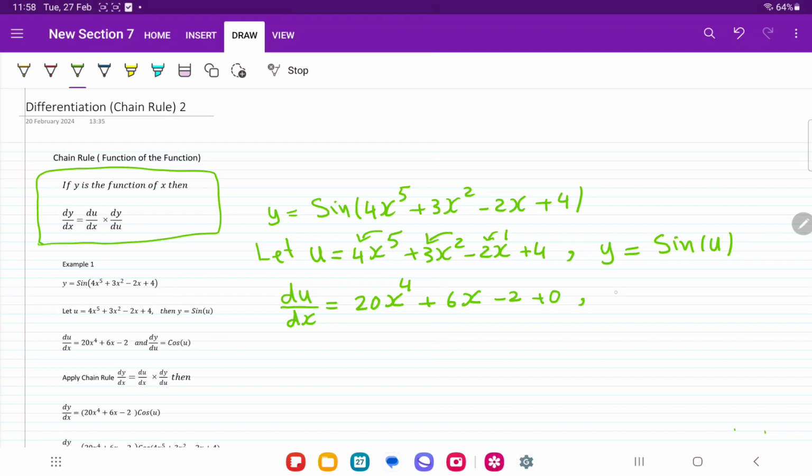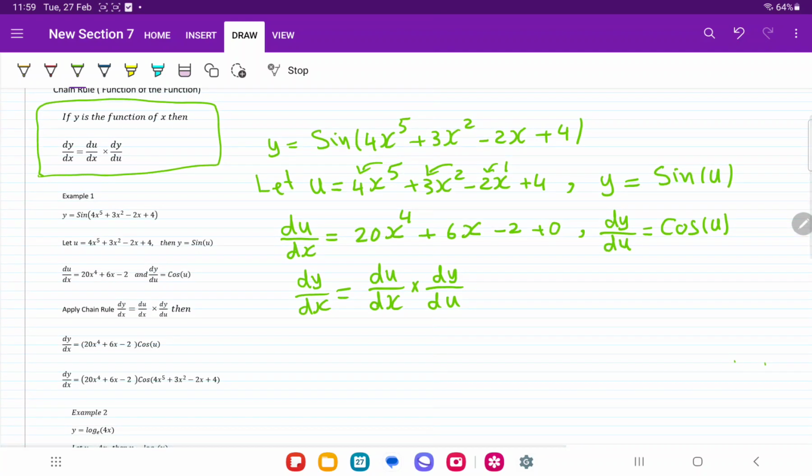Now we will differentiate y over du. If we check the table of differentiation, the derivative of sine u is cosine u. Now we're going to apply the chain rule, which is dy over dx equals du over dx multiplied by dy over du.